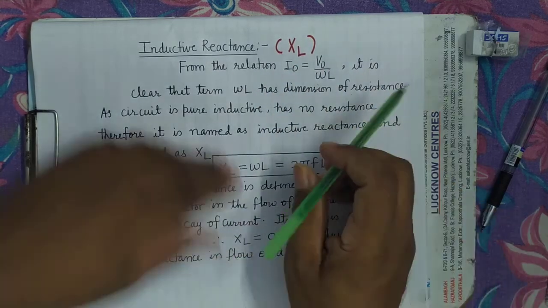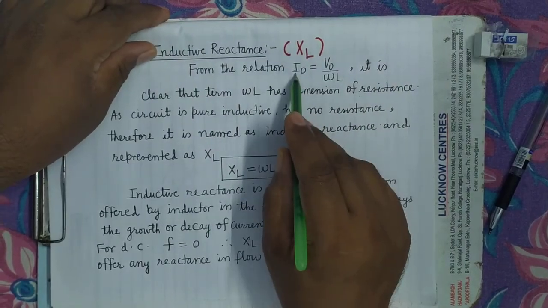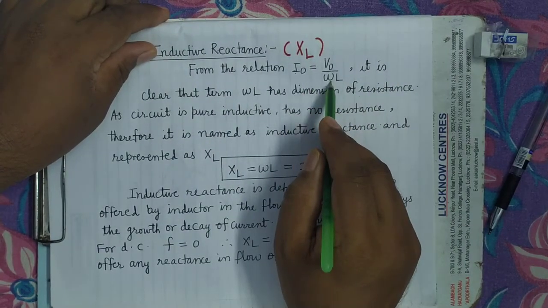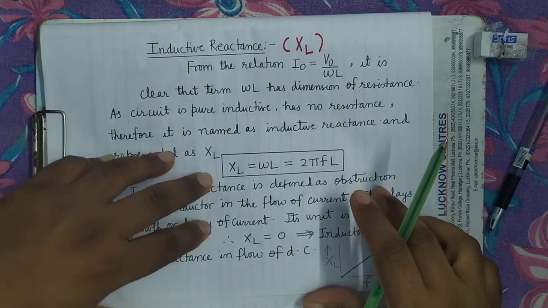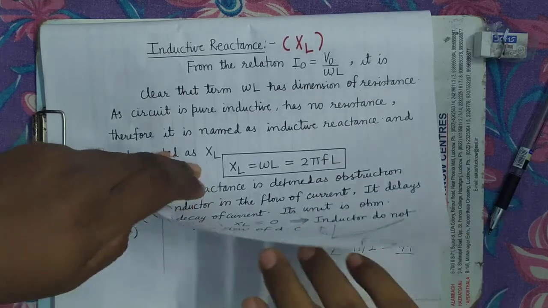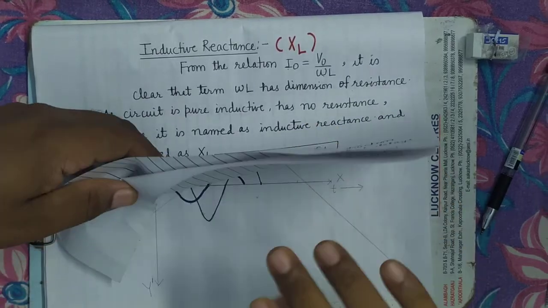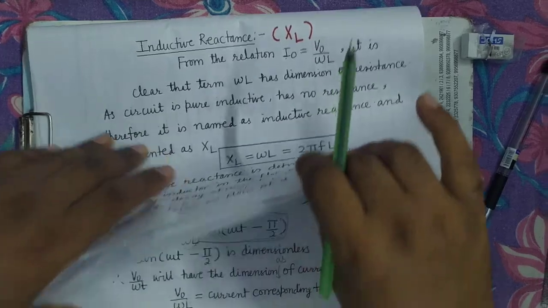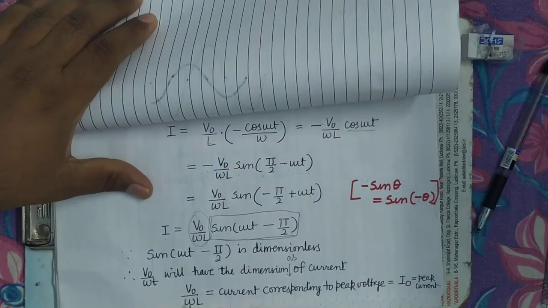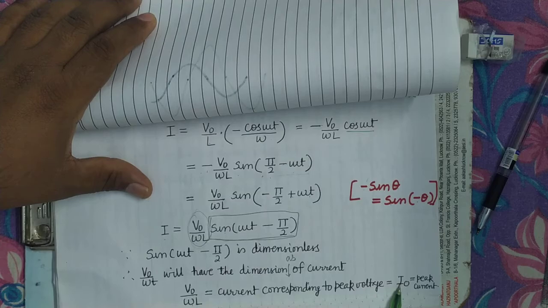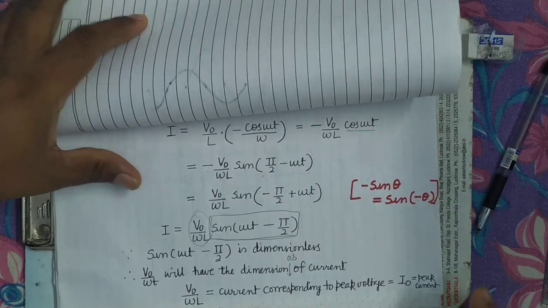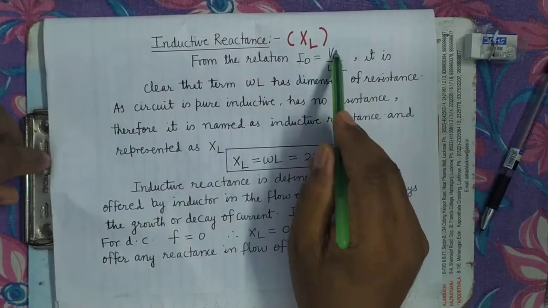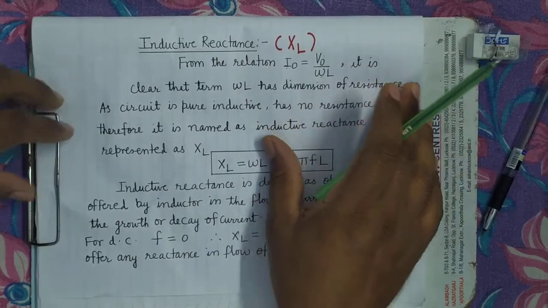You can see here we have got this relation: I naught equals V naught upon omega L. It's clear, so I naught equals V naught upon omega L.